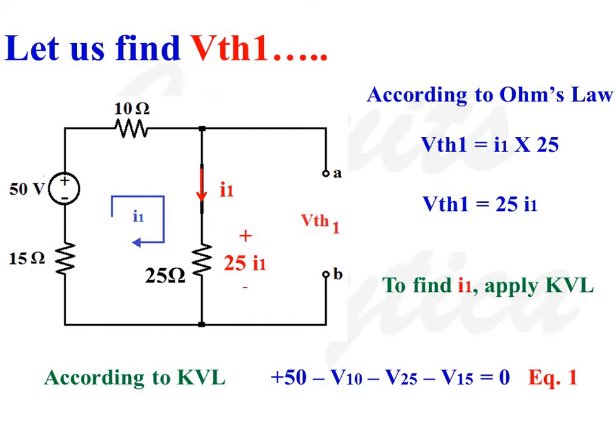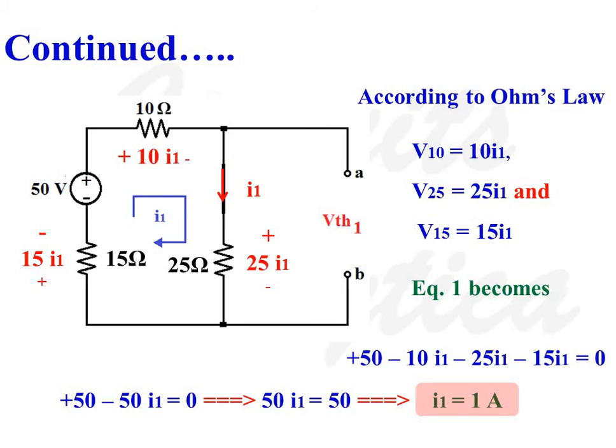According to KVL, the loop equation becomes 50 minus V10 minus V25 minus V15 is equal to 0. According to Ohm's law, V10 is equal to 10 I1, V25 is equal to 25 I1, and V15 is equal to 15 I1. Equation 1 becomes 50 minus 10 I1 minus 25 I1 minus 15 I1 is equal to 0.